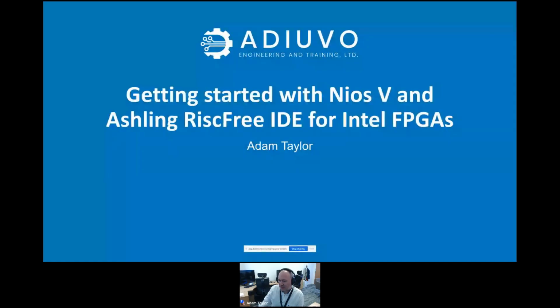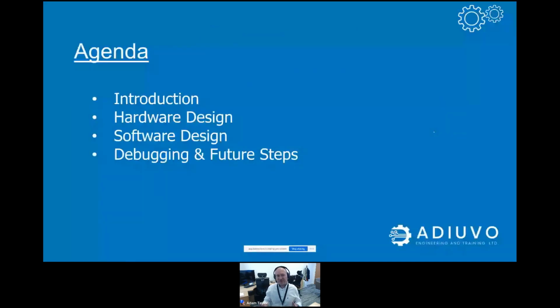Let me make this screen large, and we'll start going through it. Today we're going to look through a few simple elements. First, a little bit of introduction to what RISC-V is and what Nios V is. Then we'll look at how to design the hardware design, the electronics design, the bit stream in essence that goes into the Agilex device.